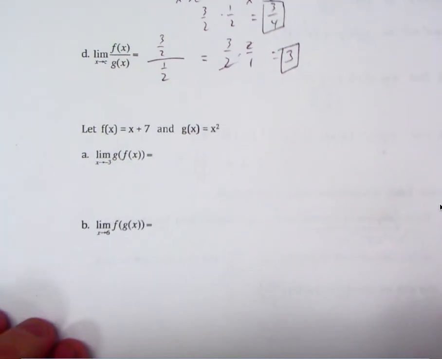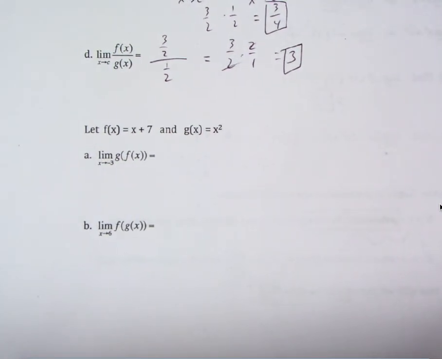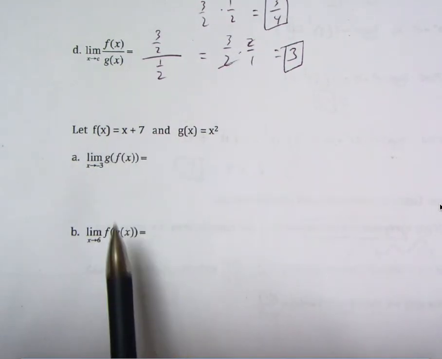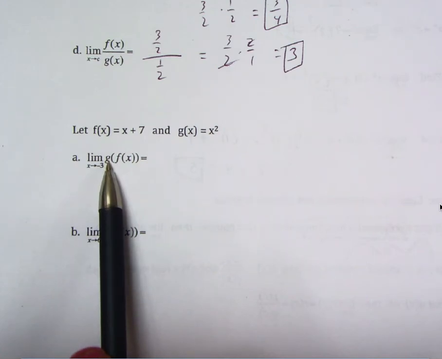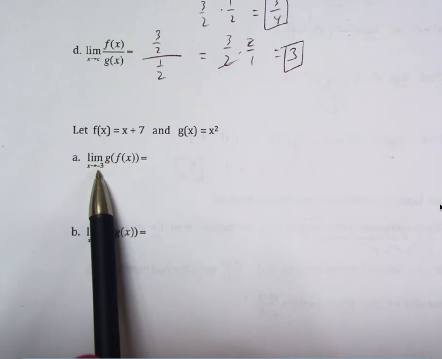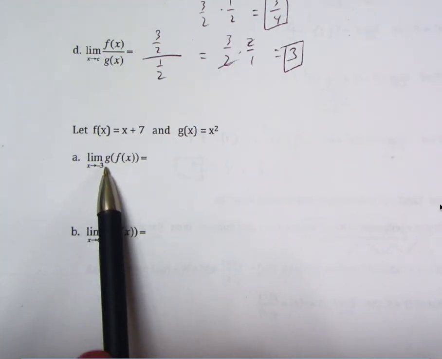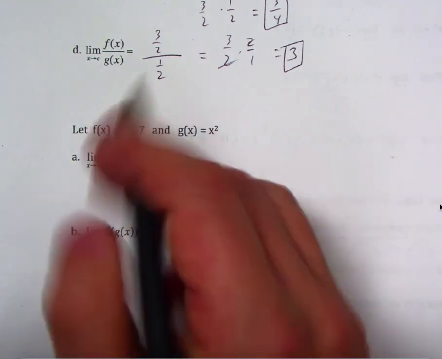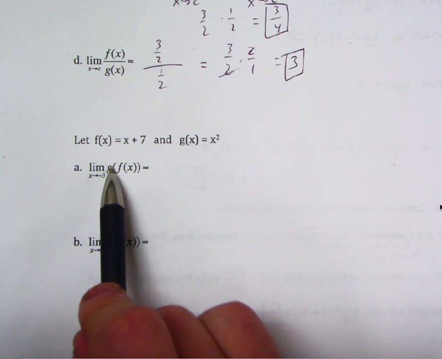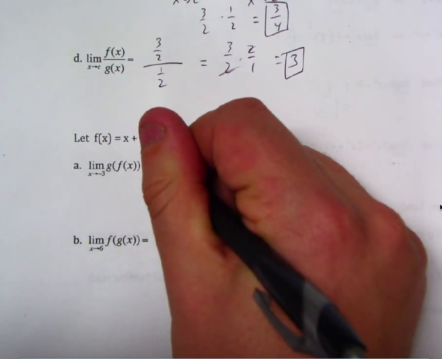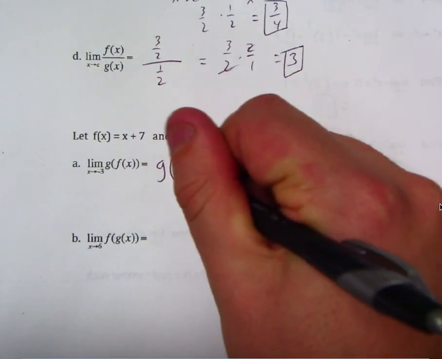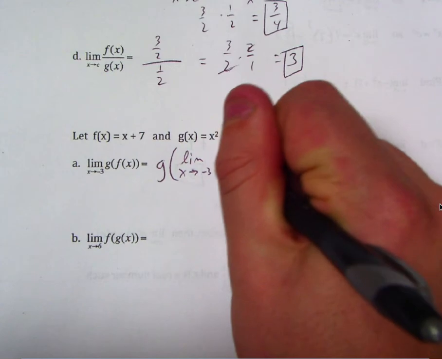The next one is rare to show up, but it deals with the composite function. So you have two functions here, and it says the limit of g of f of x as x approaches -3. Now, this property says this outer function, this g function right here, we can actually, I don't want to say pull it out, but we can write it in this way. We can write this as g of the limit as x approaches -3 of f of x.